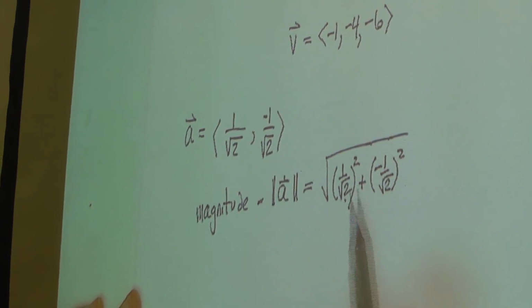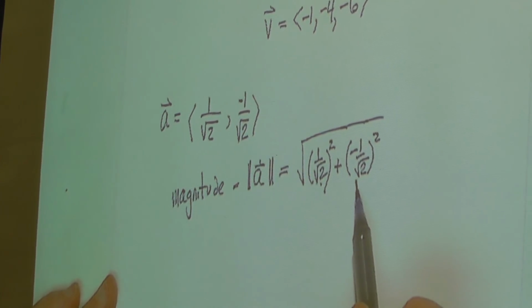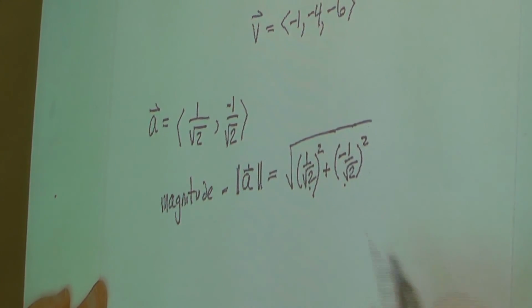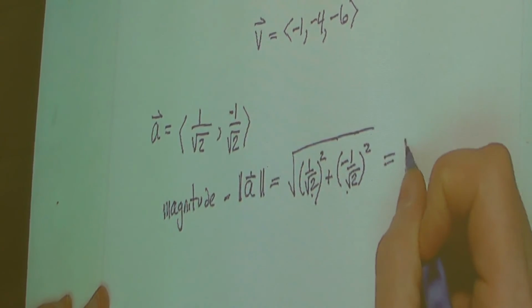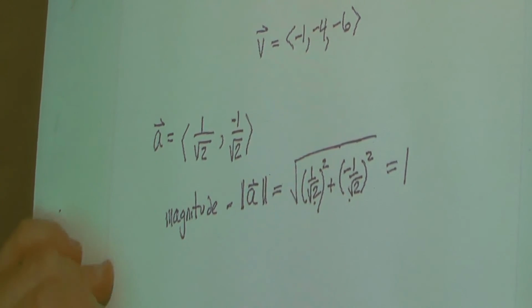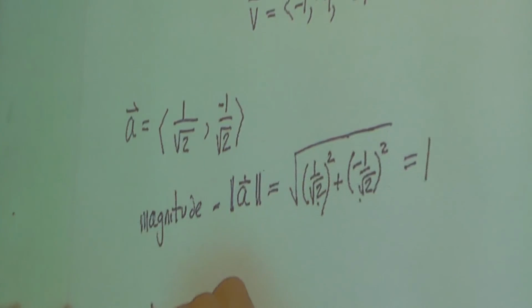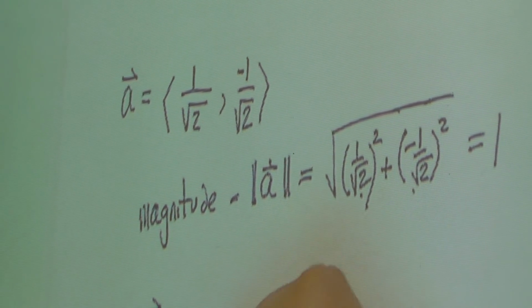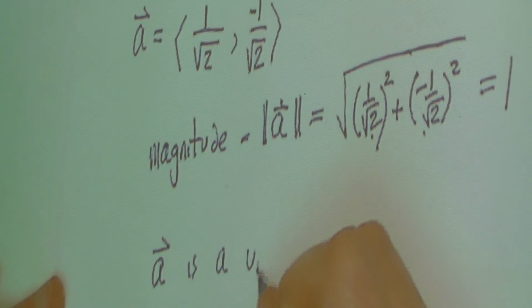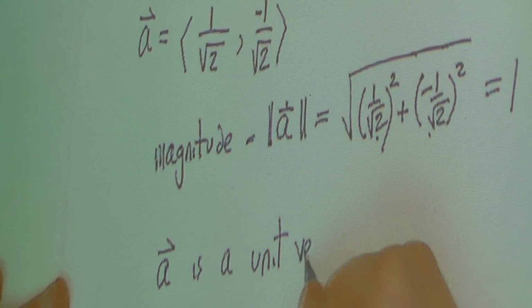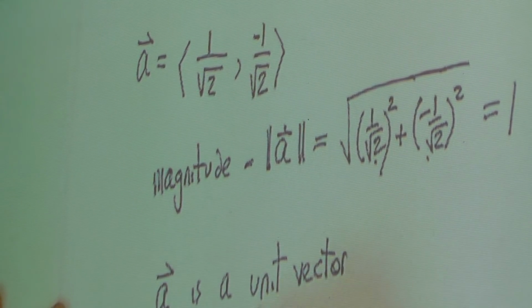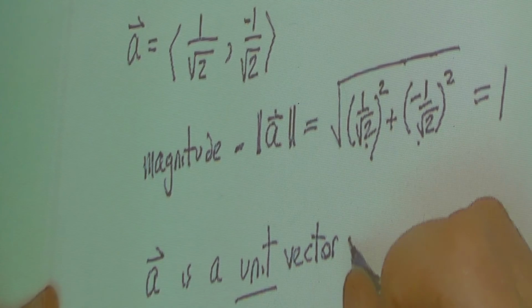So that's 1/2 plus 1/2 adds up to 1. Square root of 1 is 1. A is what we call a unit vector. Its length is 1.